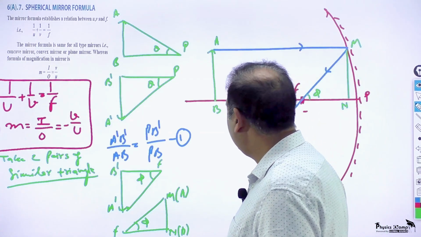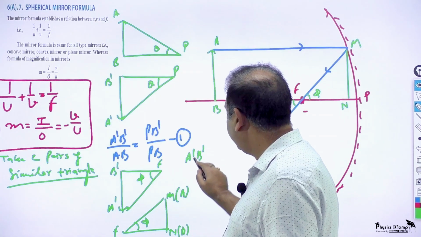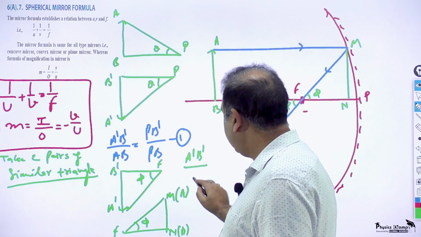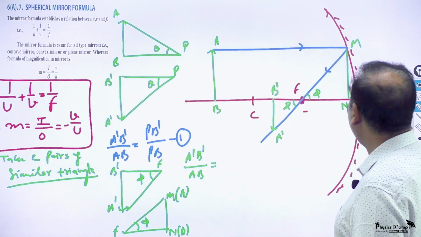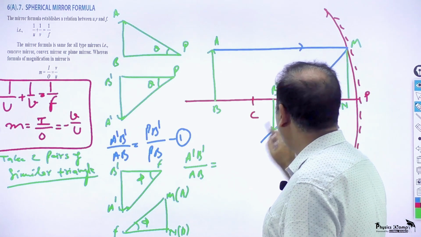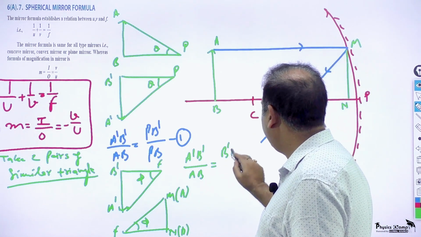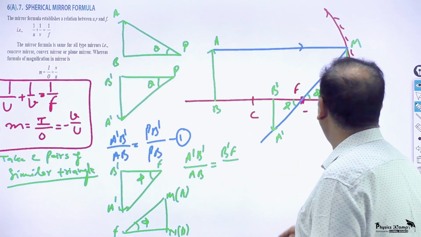So I can write here A dash B dash by AB, or MN, is equal to B dash F divided by NF.